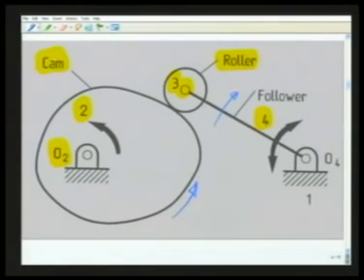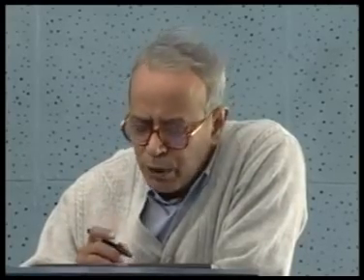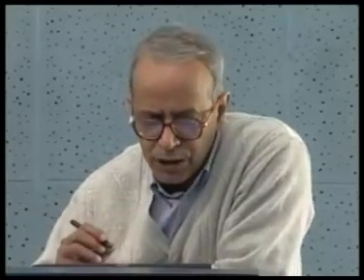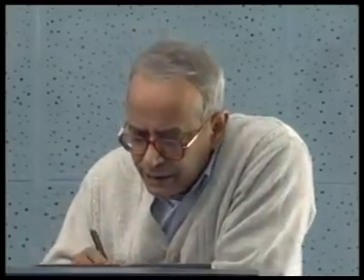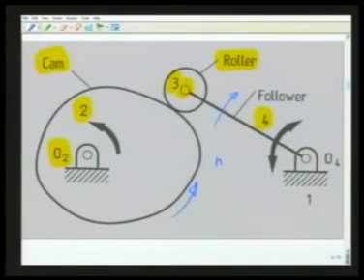Now let me calculate the degree of freedom. As we have seen, there is a unique input-output relationship depending on the shape of the cam profile. So the degree of freedom should turn out to be 1. But let me do it by counting according to our formula. We have already seen that there are 4 links, so n is 4.